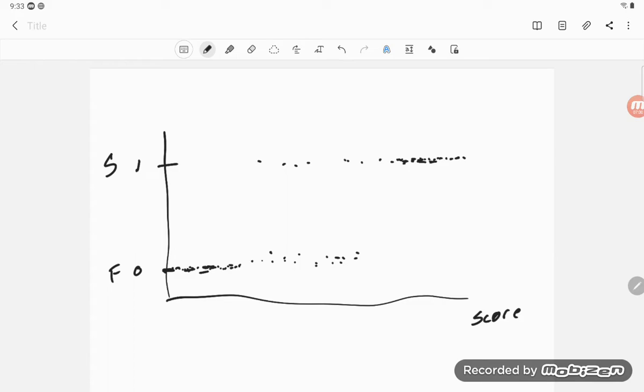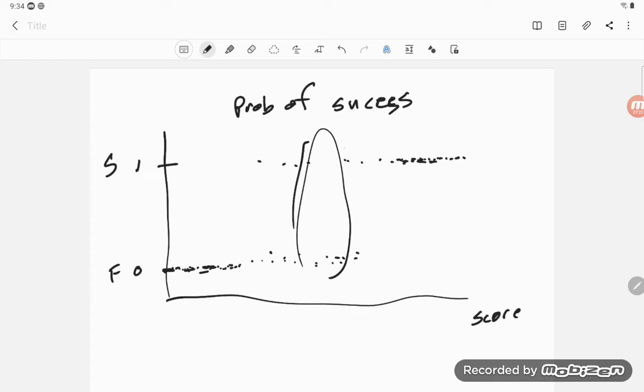And so if we were to look at the probability of success, right? What we would probably do is kind of take any given spot in here and take the number of successes divided by how many patients fell in here.